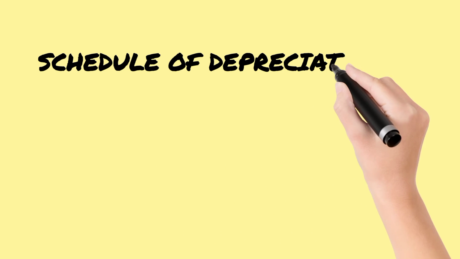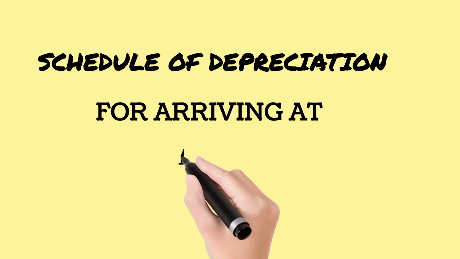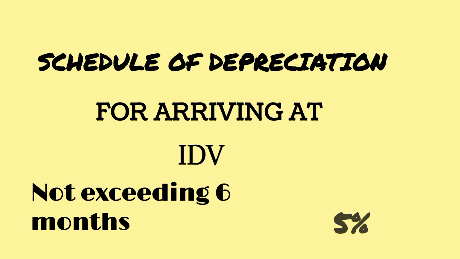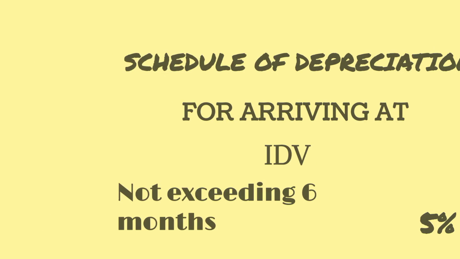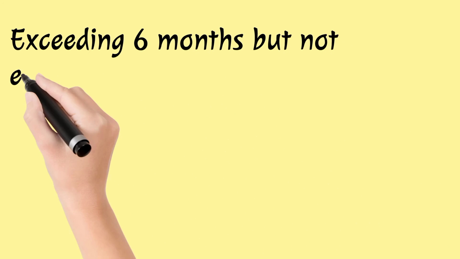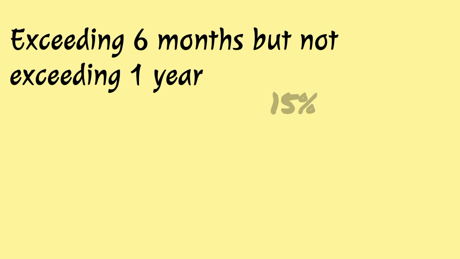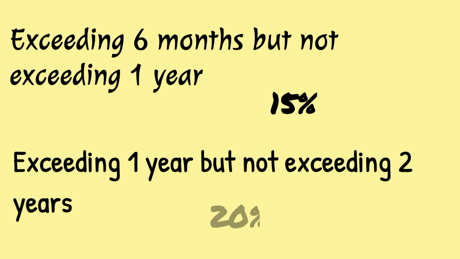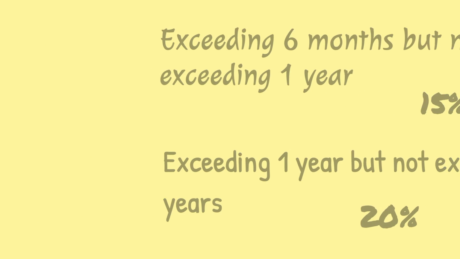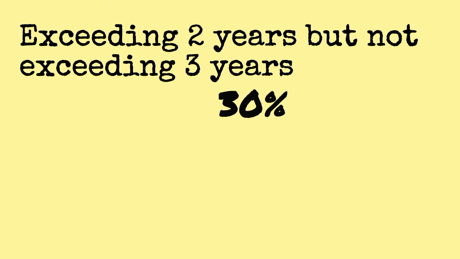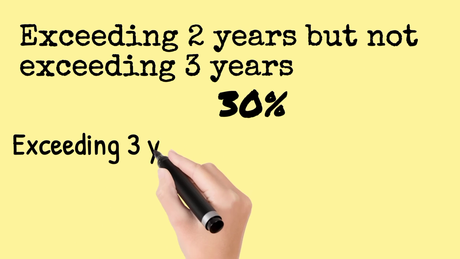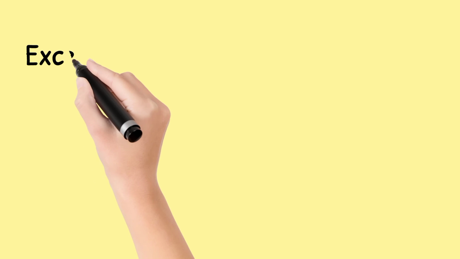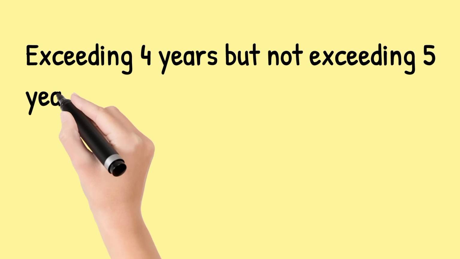Schedule of depreciation for arriving at the IDV: not exceeding 6 months, 5%; exceeding 6 months but not exceeding 1 year, 15%; exceeding 1 year but not exceeding 2 years, 20%; exceeding 2 years but not exceeding 3 years, 30%; exceeding 3 years but not exceeding 4 years, 40%; exceeding 4 years but not exceeding 5 years, 50%.